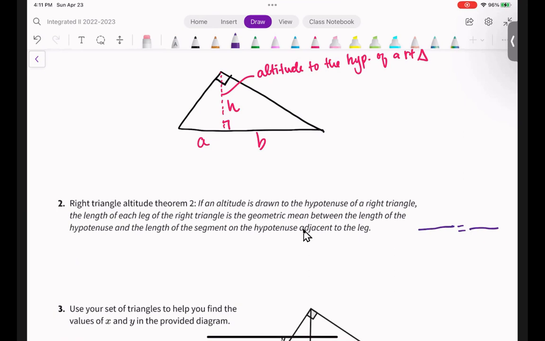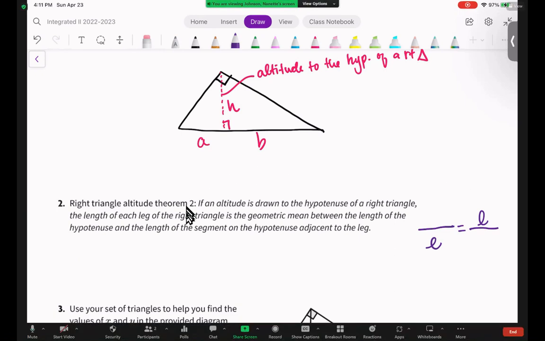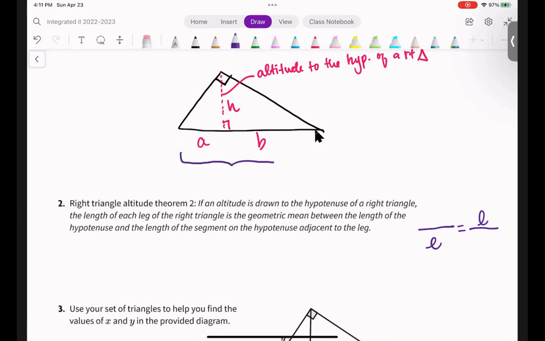So I'm going to go with leg, leg. So that's my L's. They're supposed to be L's. Okay. Is the geometric mean between the length of the hypotenuse. So the length of the hypotenuse, I'm going to go this guy here, and he's going to be C.